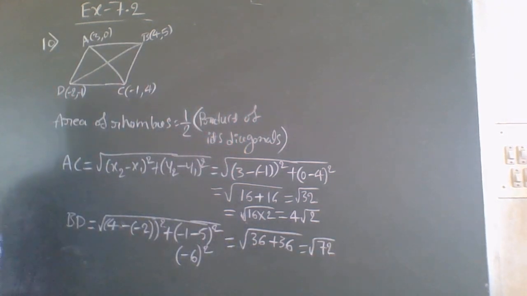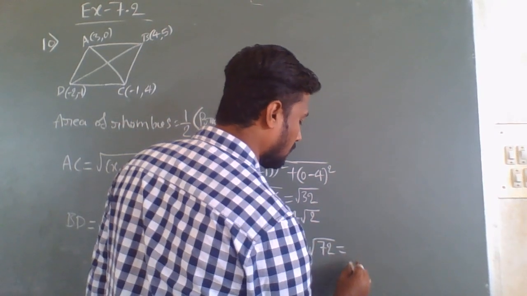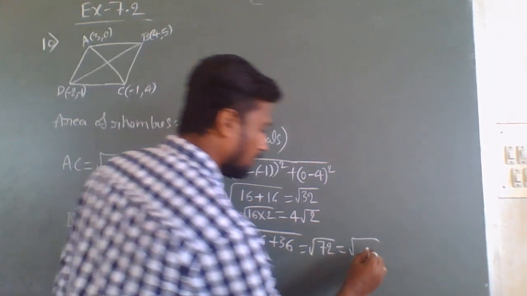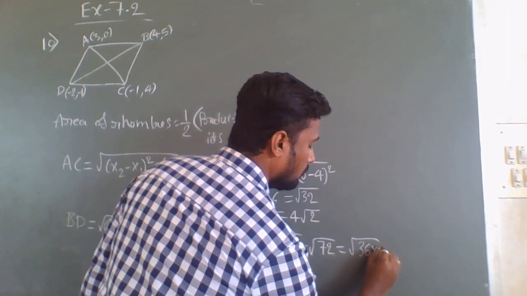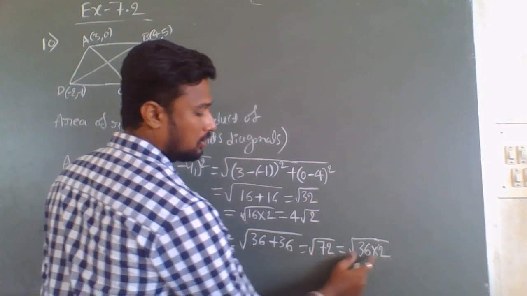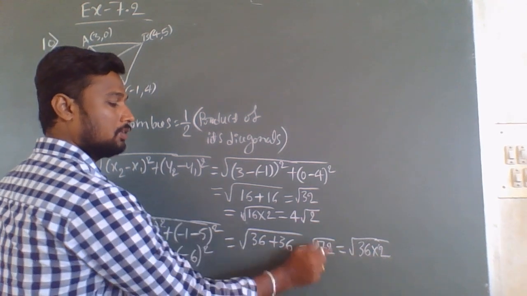36 plus 36 is 72. And now we will write this 72 as 36 into 2. 36 into 2 means 72 only.